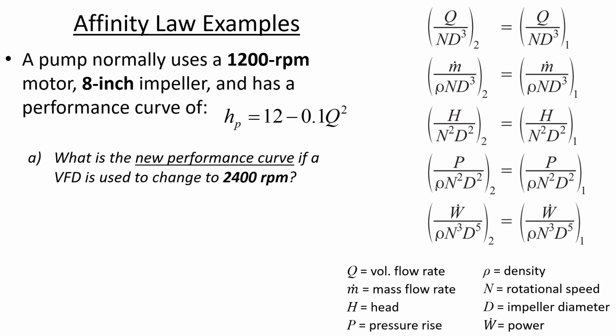But as long as you are consistent between both, then that's fine. Here I've just used a capital H instead of the lowercase h sub p that we would be using so far, just because H means head, and that's what this is on the left-hand side. And then I've added the subscript 1 just because this is under the initial circumstances.